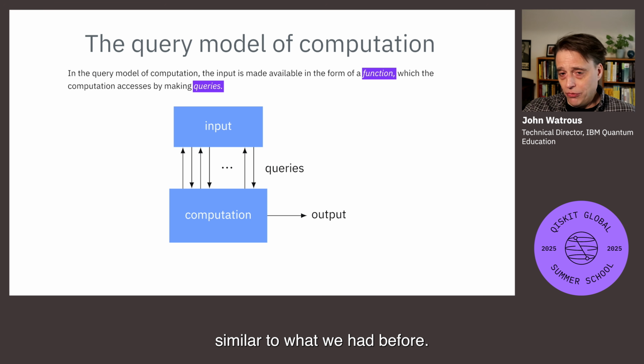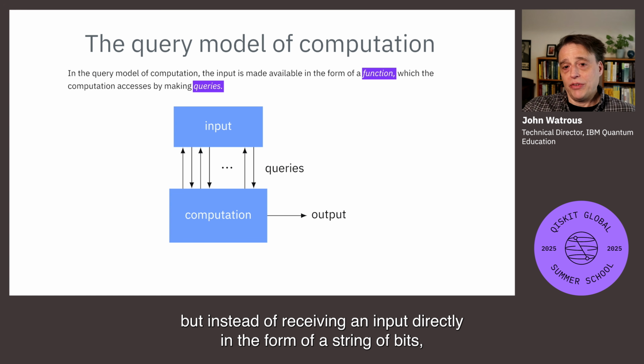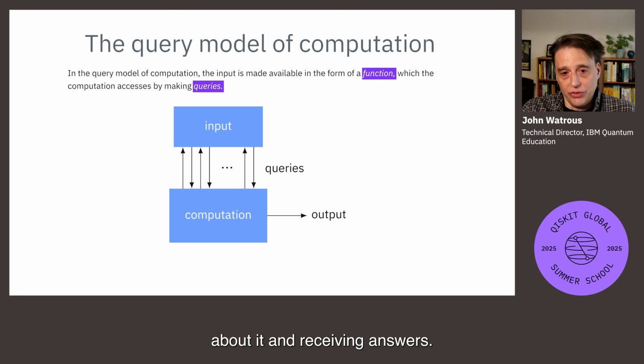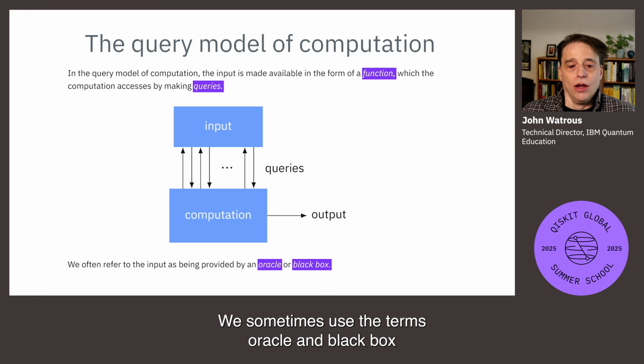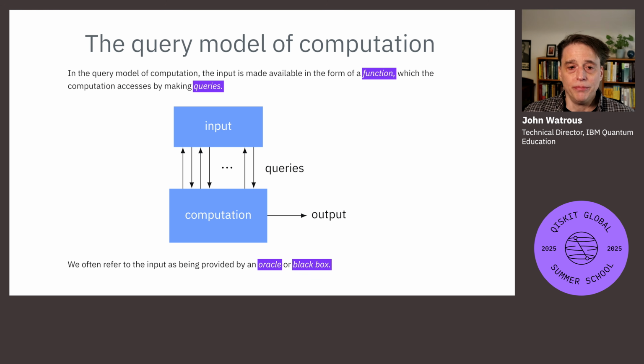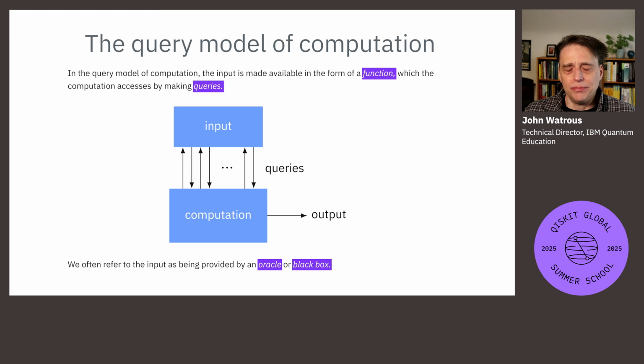Similar to what we had before, the computation is represented by a blue rectangle, but instead of receiving an input directly in the form of a string of bits, the computation accesses the input by effectively asking questions about it and receiving answers. We sometimes use the terms oracle and black box to refer to the mechanism that provides the input, and these are reasonable names for conveying the basic idea.